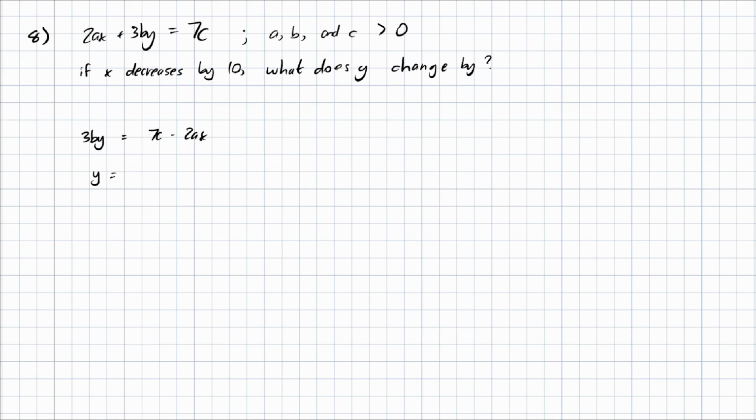Sorry, I'm trying to think ahead. I'm gonna split this into two fractions: y equals 7c over 3b minus 2a over 3b times x. And since x decreases by 10, this actually becomes x minus 10.